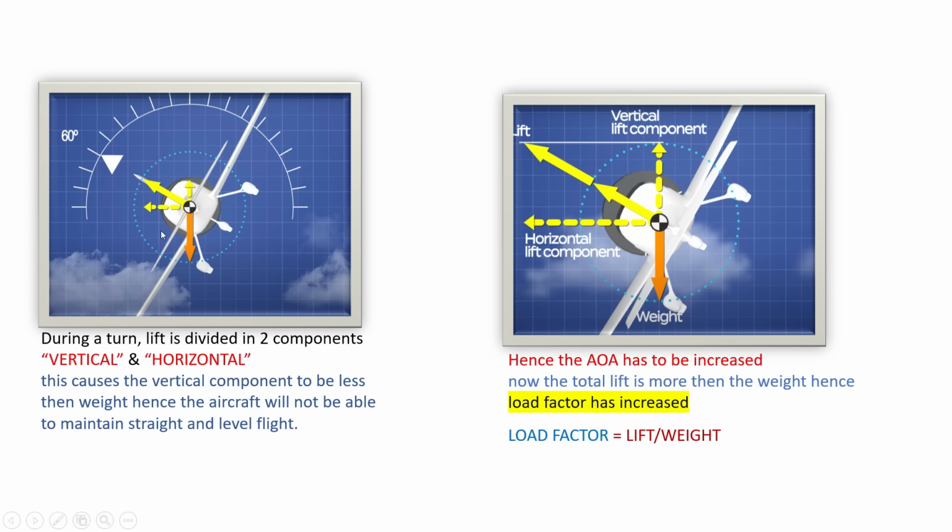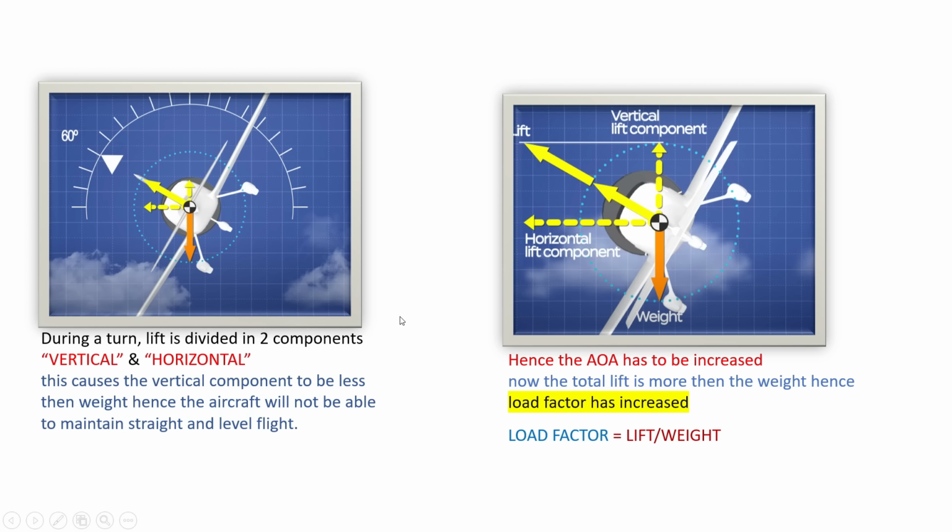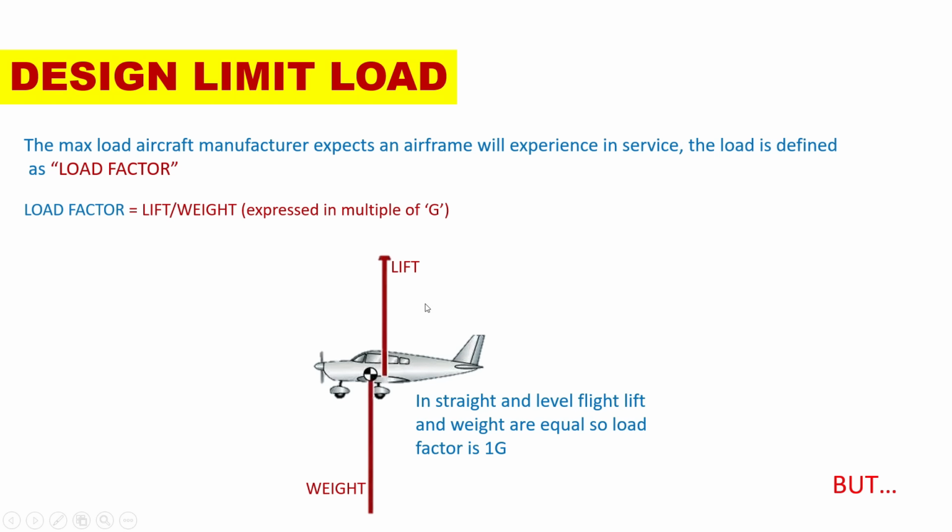So in straight and level flight, what was happening? Lift was exactly perpendicular to the chord line, but this time when you're turning, in this case turning left, lift will also tilt to the left. How does it happen? When you're turning to the left-hand side, the lift vector will be divided into two different parts.